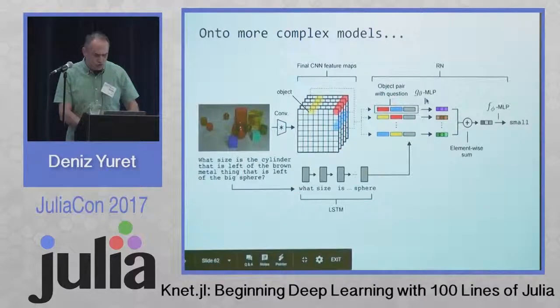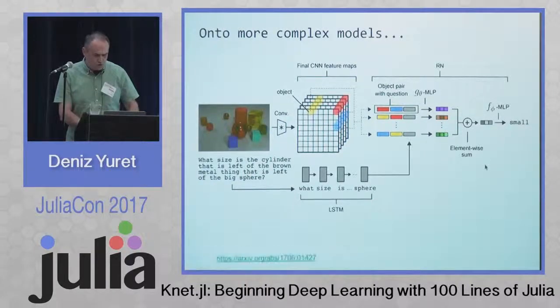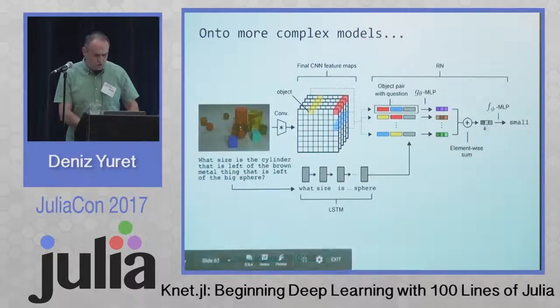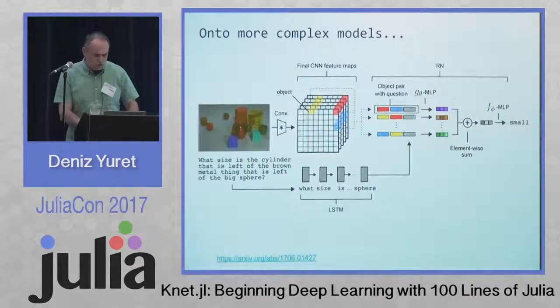And then you take the output of G, add all these vectors that G produces, and then run another function F, which produces the answer. And this got 95 plus accuracy, human level accuracy on this one.